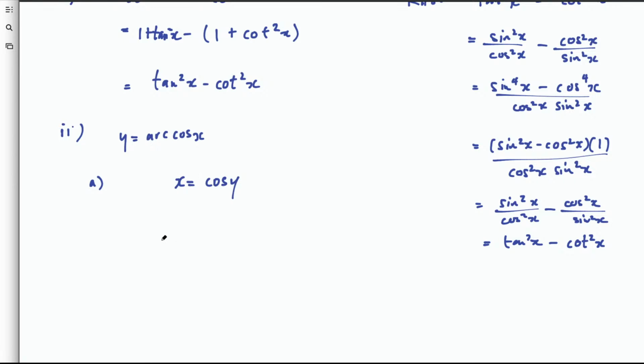This is just the inverse of that. And if we take the arc sine of both sides, what do we have?